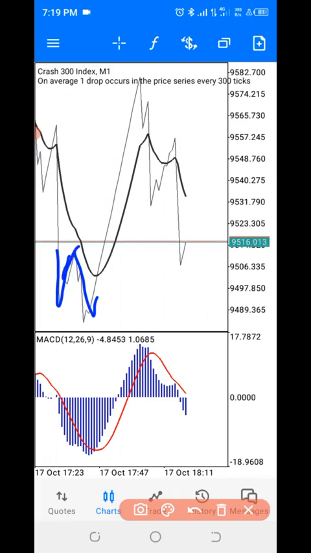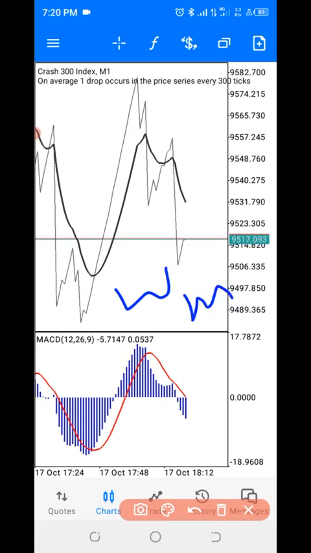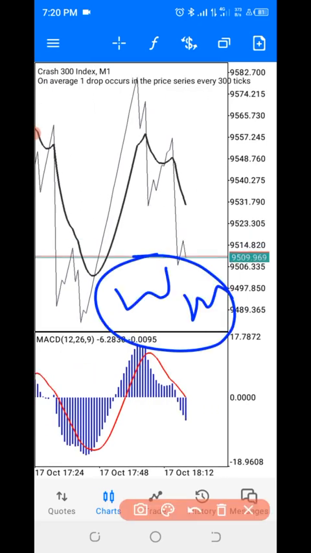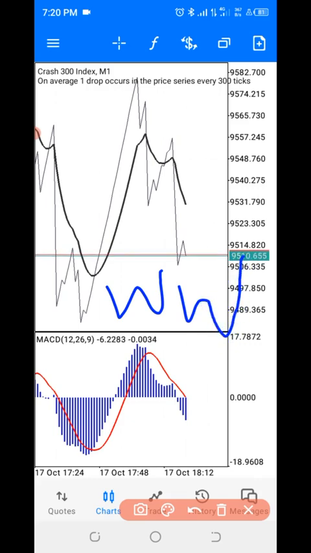We have the variations: the normal W, and we have the advanced W. That's the two that I remember first.